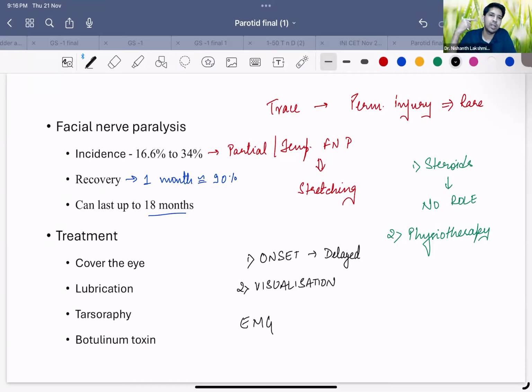So what they do is they use certain transcutaneous needles where they try and identify the nerve, and another probe which goes onto the muscle, and they try to stimulate and see whether the transmission of impulses is happening. If the transmission of impulse is not happening, that means more likely that it is a cut injury or a proper injury where you have to go in and suture the nerve.